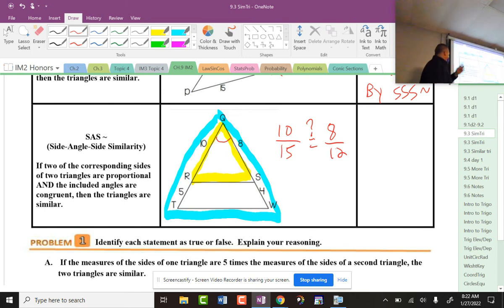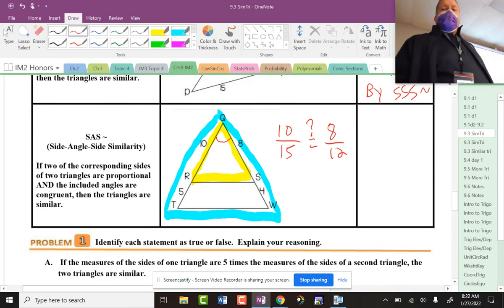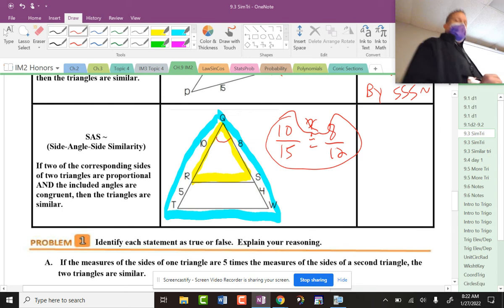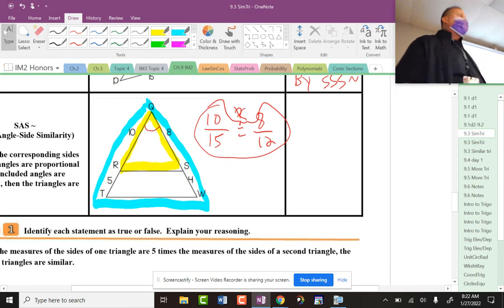Two corresponding sides of two triangles are proportional and the included angles are congruent. Okay, 10 over 15 is 2/3, 8 over 12 is 2/3. So that question mark is gone. This is true. So the proportionality is true and an angle is equal to itself. So therefore, these two triangles are similar by side, angle, side.